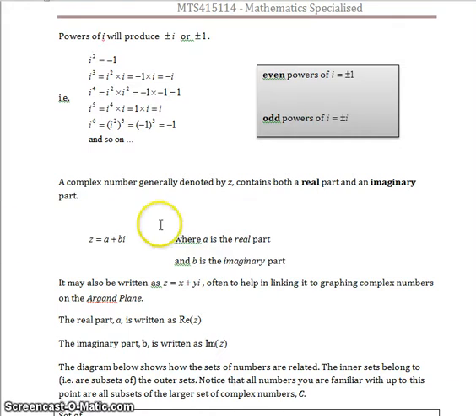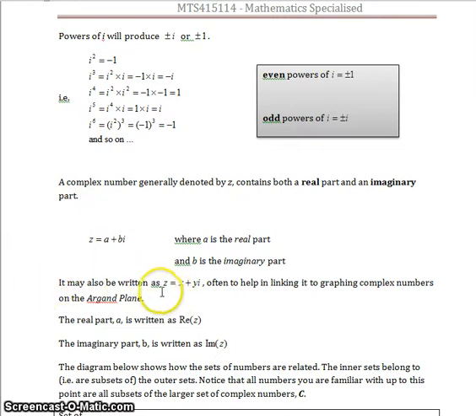Now, z equals a plus bi is our basic understanding of a complex number in what we call rectangular form. a is what we call the real part. b is the imaginary part. Not bi, but b.